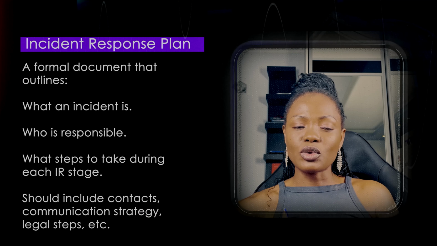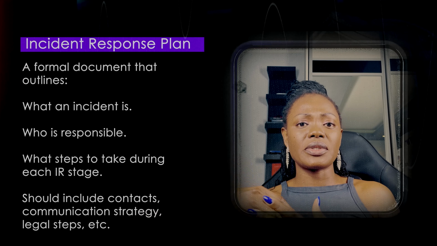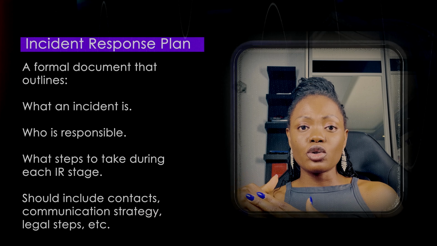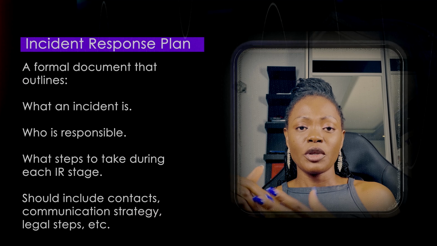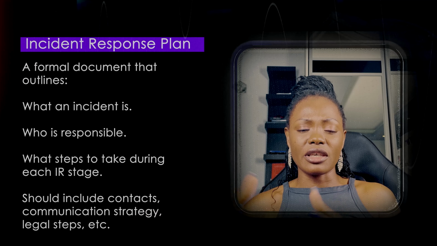What are the steps you need to take? What are the contacts? Also the legal step, because when there is a security incident, you also need to work together with your legal team. Sometimes you need to work with your PR, in order to know what to tell the media about the incident. When an incident happens, you can't just go about telling somebody on the road or even a colleague; sometimes they try to confine the information as much as possible.